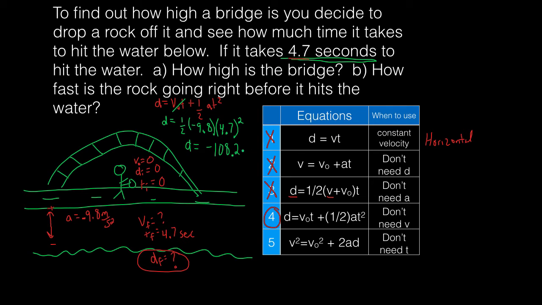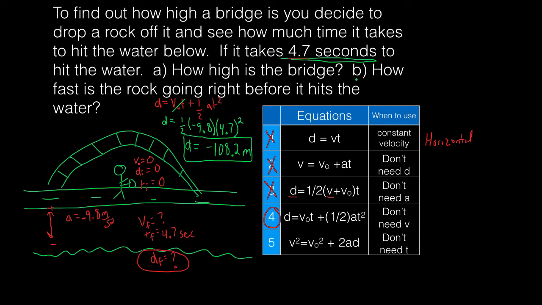Displacement is always measured in meters, so remember to throw the units on. The answer to A, how high is the bridge, if you're talking about height, would be 108.2 meters, and that would be positive. But if you're talking about the displacement of the rock, it's negative because the rock ended up below where it started. So it's a negative 108.2 meters.